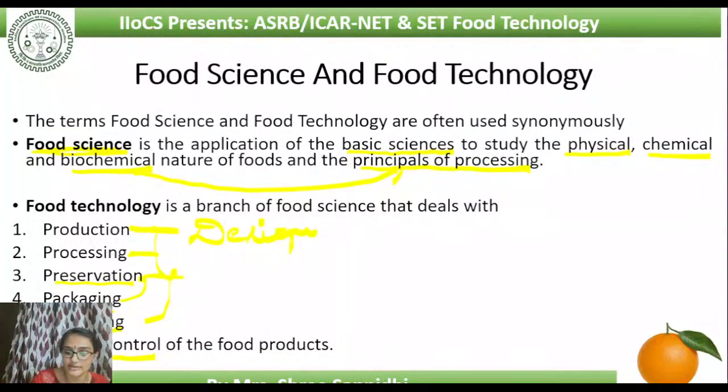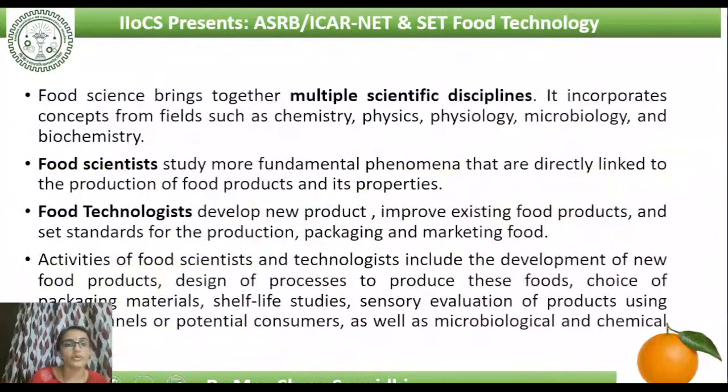Now let us see, to study all these things, all the physical, chemical and biochemical properties of food, what all subjects do we need? Food science brings together multiple scientific disciplines.